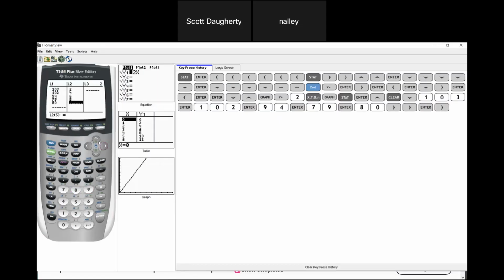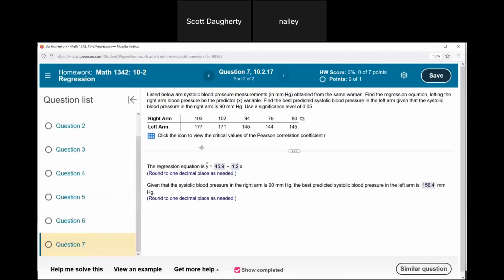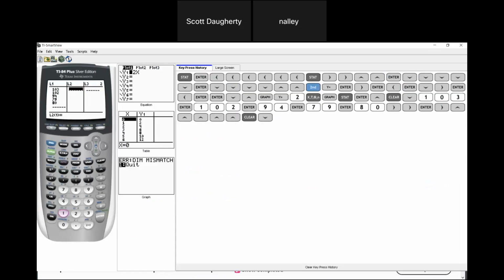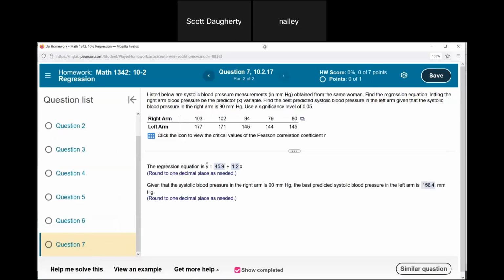Okay, and then I'm going to put the Y values in L2, but make sure you match them up correctly. So 103 is matched with 177. Just make sure you put them next to each other. And 171 and then 145.